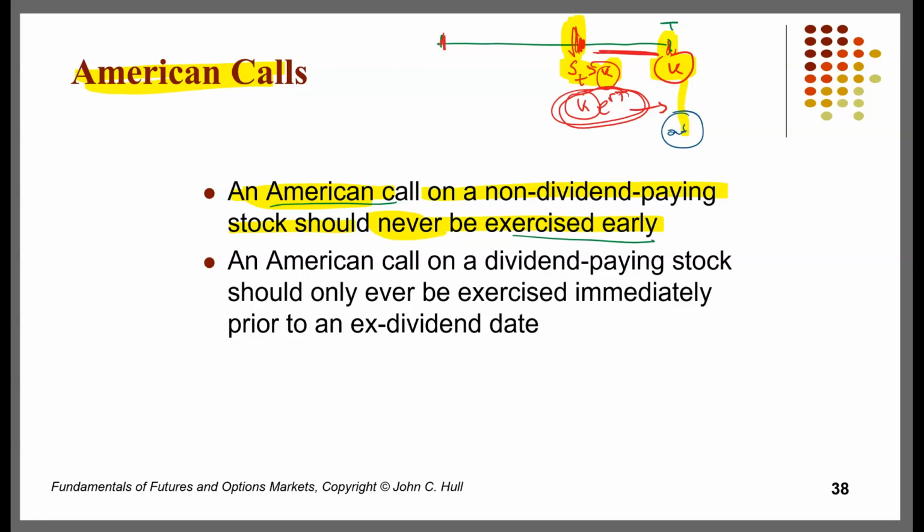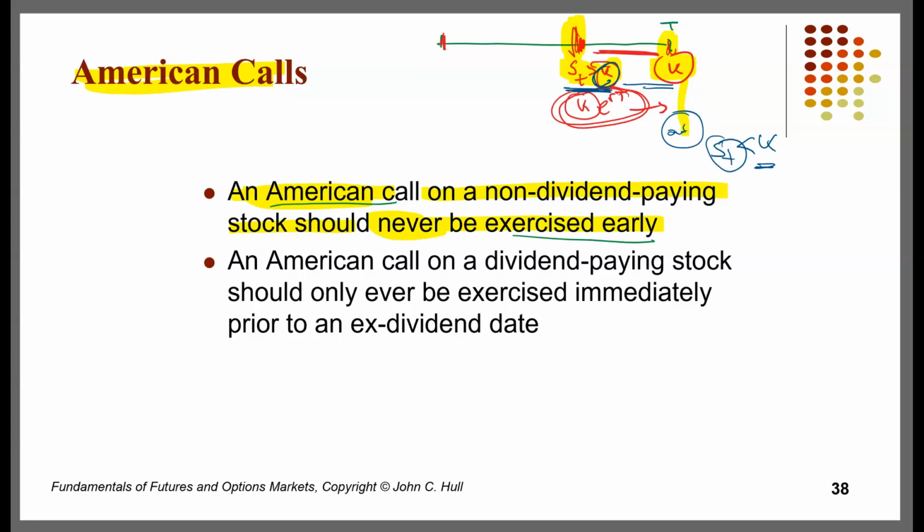If we're talking about a call option here, it means that the stock price is far less than the strike price. And so if you exercise early, you've paid the strike price, whereas by waiting you may be paying a value that's much less than the strike price. So you don't want to exercise an American option early. And that's consistent with the pricing that we've done.